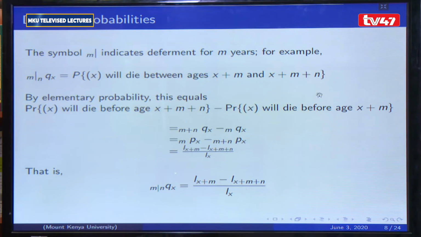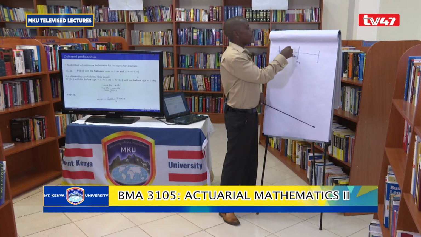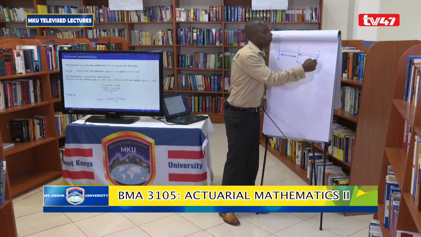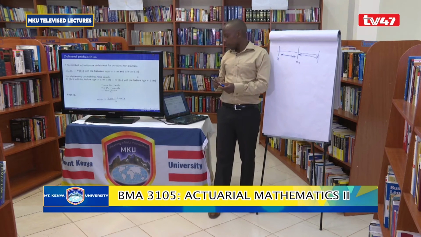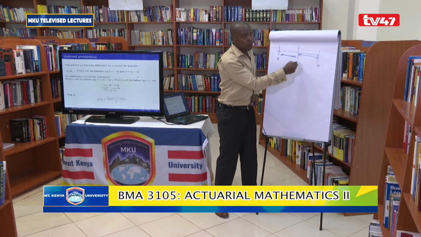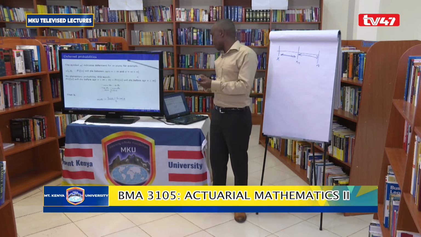If we are observing a certain life aged x now, and this is m, we are deferring this event from happening for m years, and then the person may die between the ages x plus m and x plus m plus n.